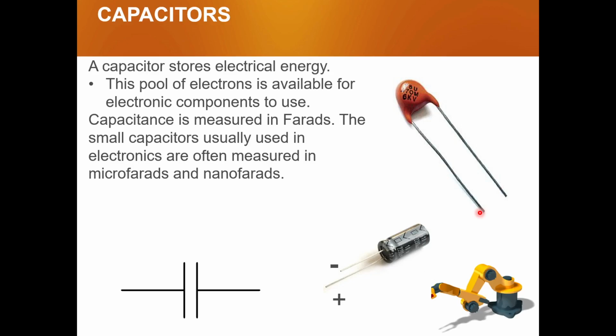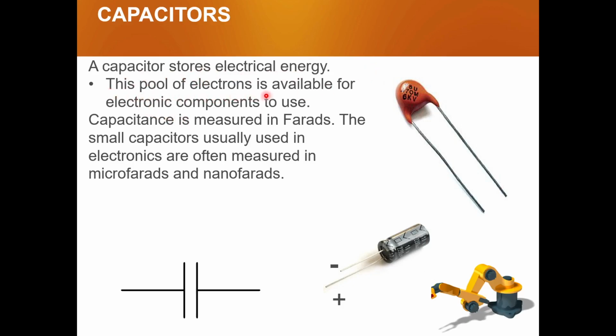So the best thing that I can show you is you can see these capacitors in every fan, right? Or the tube lights. If you see old tube lights, you can see a small white color thing. Even in the fans, you can see this white color thing that is used as a capacitor. So these capacitors store electrical energy.